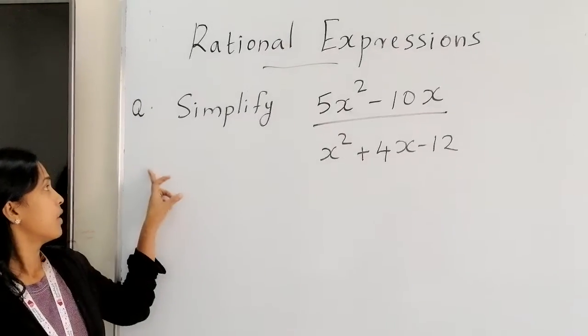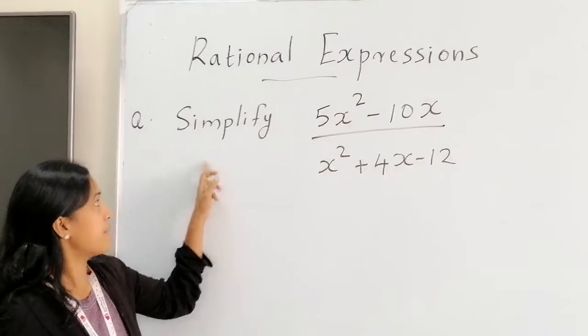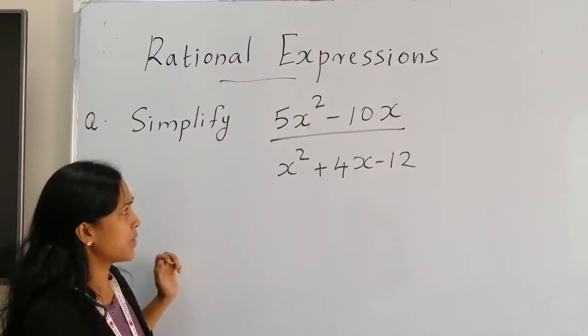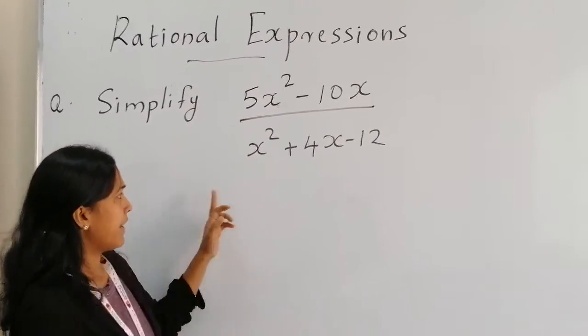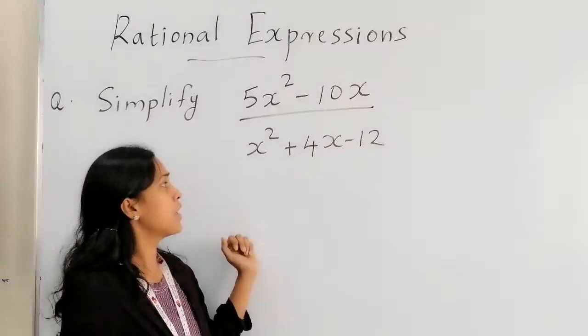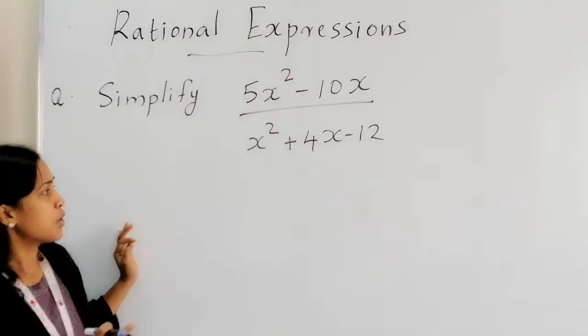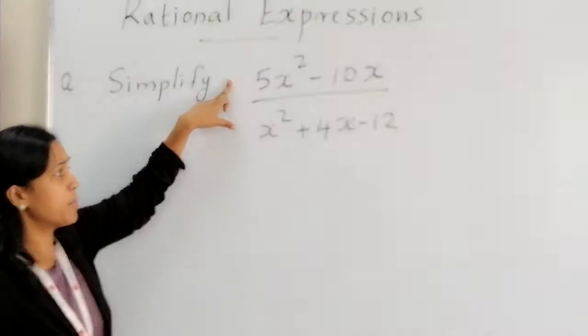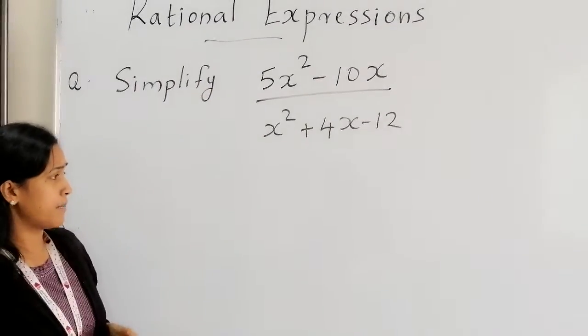Now look at another example. Simplify the rational expression 5x squared minus 10x divided by x squared plus 4x minus 12. As I told you before, we have to factorize the numerator and denominator separately.